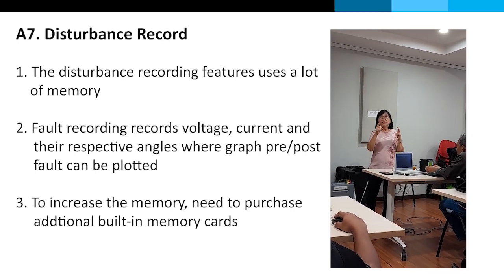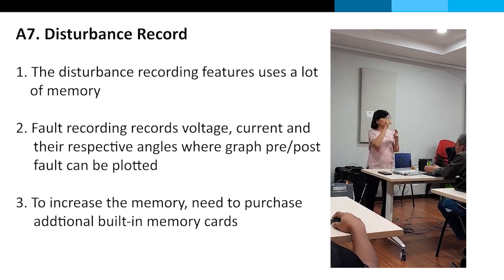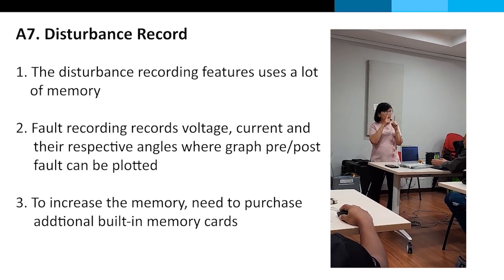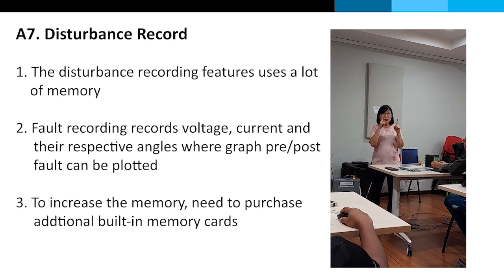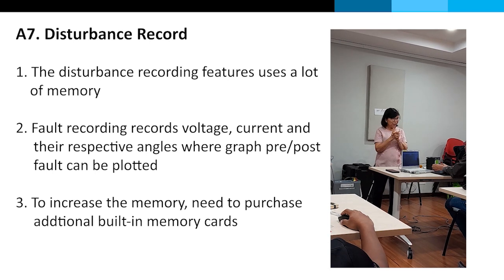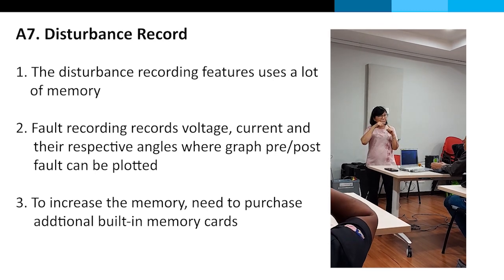Because with disturbance recording, every maybe half second or every second, it will record what's the voltage, what's the angle, what's the current corresponding to that time. So they will collect data every interval. So you need a lot of memory. So of course, if you need fault recording, it can plot the voltage graph, red, yellow, blue. It can plot for you the current graph, red, yellow, blue.